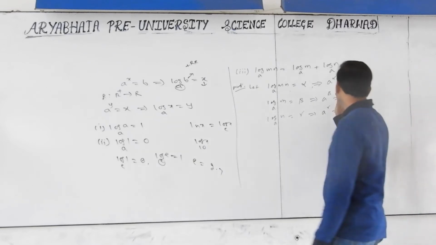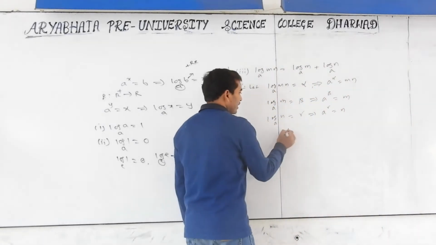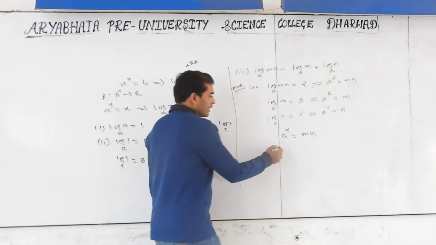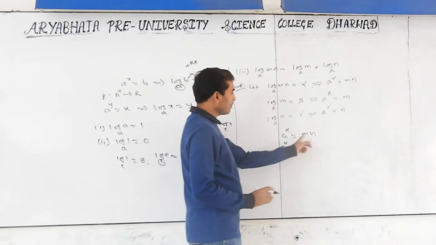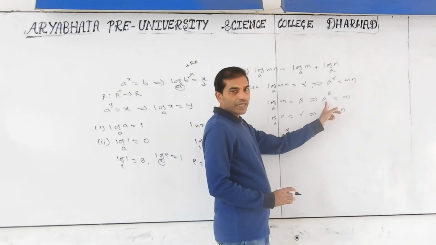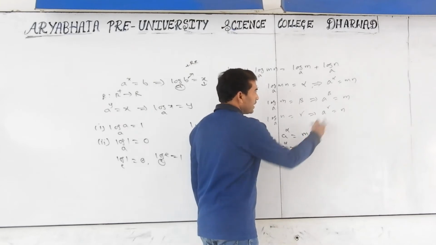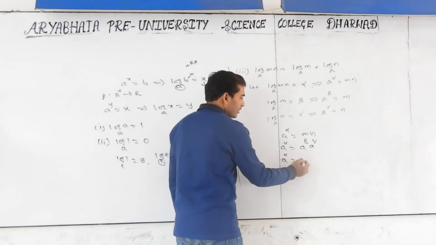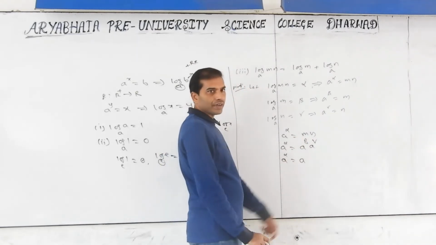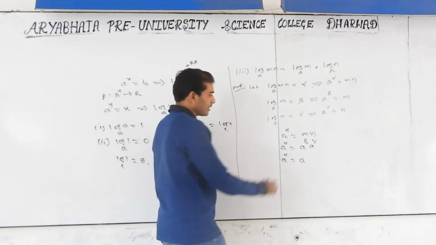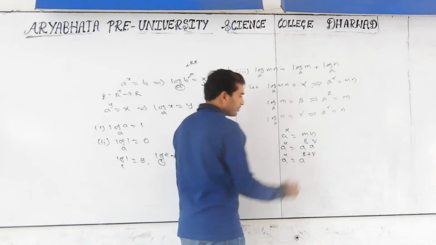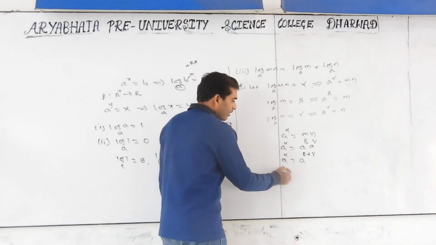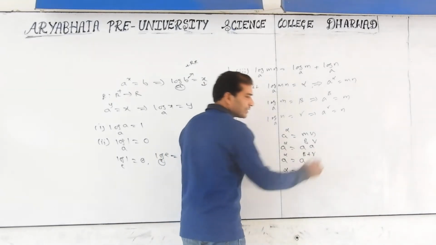So a power alpha equal to m into n, which is a power beta into a power gamma, equal to a power beta plus gamma. Here the bases are equal, then the powers are also equal. Alpha equal to beta plus gamma.